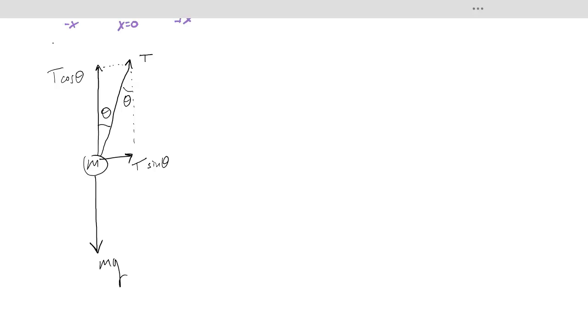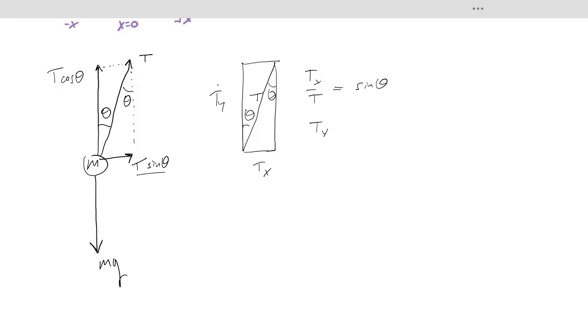Now remember, if I define my triangle here, I'm just going to call this Ty, and this is Tx. That's theta, my hypotenuse is T. So the opposite side, Tx over T, is equal to sine of theta, hence the T sine theta here. And the adjacent side, Ty over T, is equal to cosine of theta, hence the T cosine theta over here.